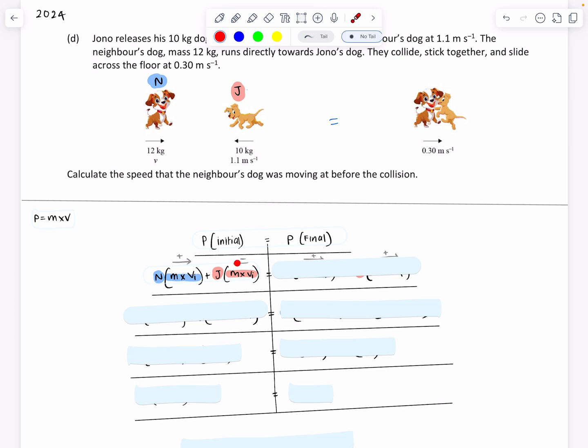And so these velocities, since they're going in opposite directions, they should be oppositely assigned in terms of positive and negative. Final momentum can be calculated by the neighbour's dog's mass times its final velocity, and Jono's dog's mass times its final velocity. They're both going in the same direction, so they're both positive vectors.